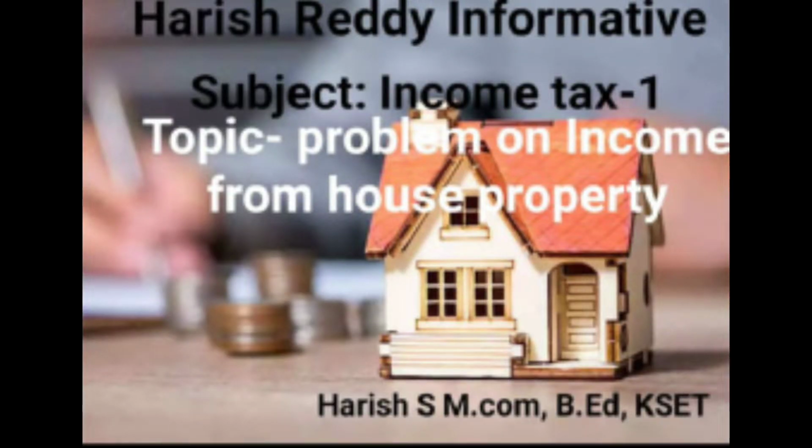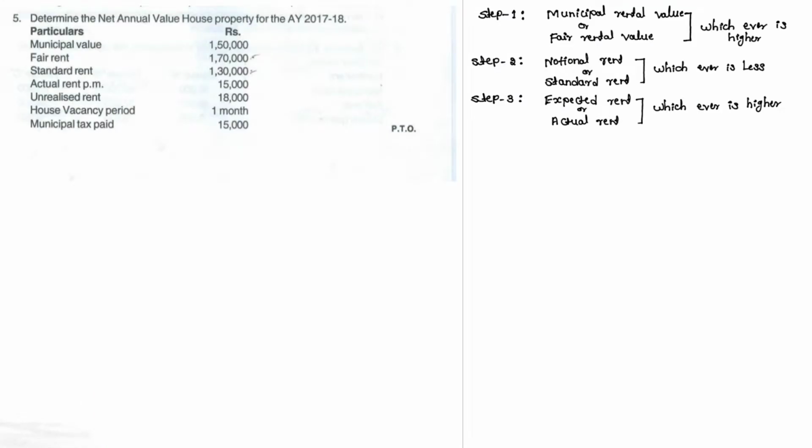In this video, I am going to solve a 2017 examination problem which is related to income from house property. Let's solve the problem. Determine the net annual value of house property for the assessment year 2017-18.